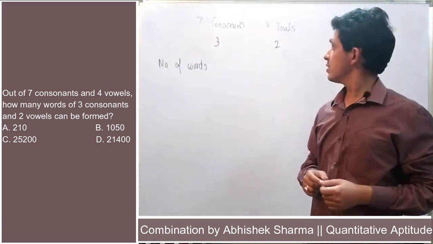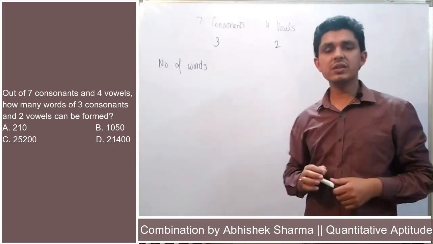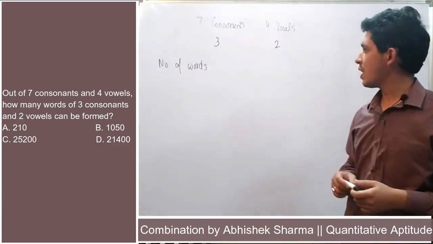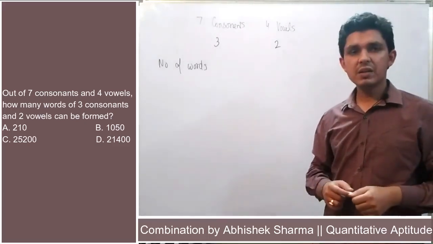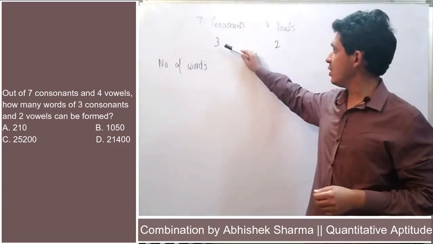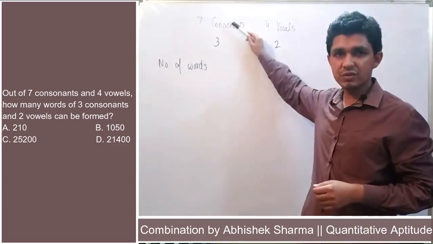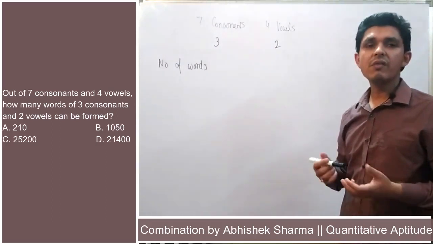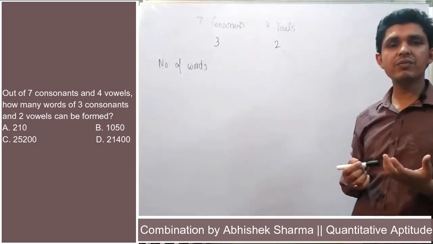Okay, so our next question is, we are given 7 consonants and 4 vowels, and the question is how many words can be made by using 3 consonants out of 7 consonants and 2 vowels out of 4 vowels. So we have to tell the number of words.